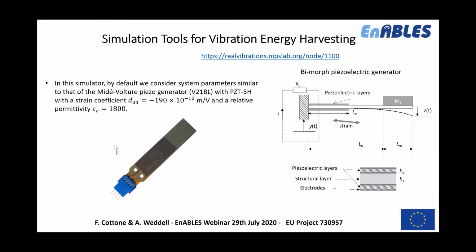This is a piezoelectric generator that can be purchased online, and it uses the PZT5H material, which has a strain coefficient around -190 10^-12 meter/volt, and a relative permittivity of 1,800. But of course, I will also provide the possibility for the user to provide a specific piezoelectric strain coefficient for the development of their specific device.